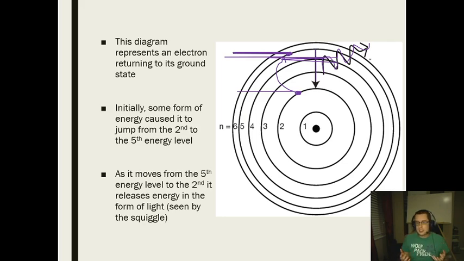It has to release it somehow to get the electron back down to the ground state. And so it's going to do that by releasing energy in the form of light. So we're turning essentially heat or electricity into light, which is what happens with virtually every form of light that exists really ever: some kind of energy is getting transformed into light through this process from electrons just moving up and down all the time.